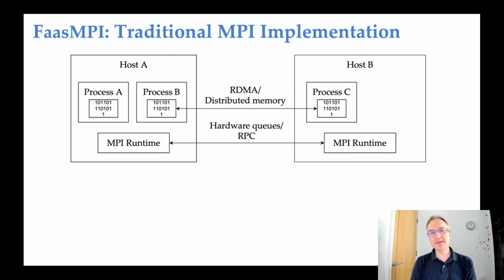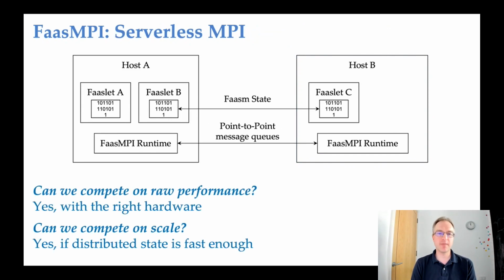So there are various ways how MPI applications can communicate. They can communicate using hardware queues and an RPC style communication mechanism. And they can also communicate more efficiently using distributed memory, and this can, for example, be implemented using RDMA.